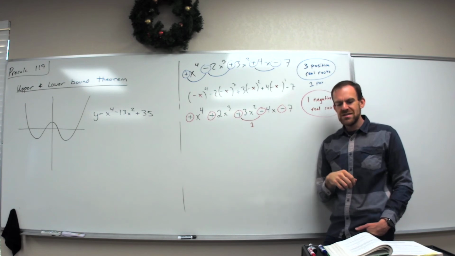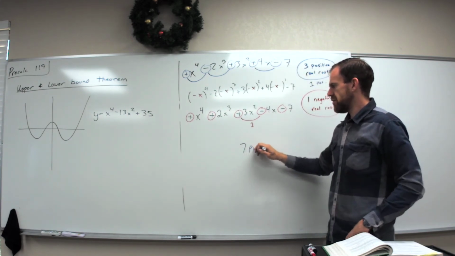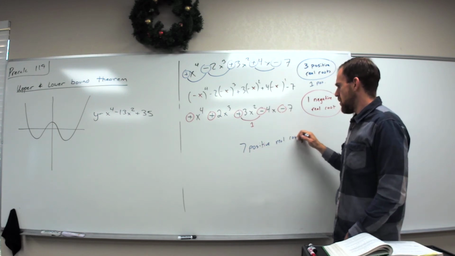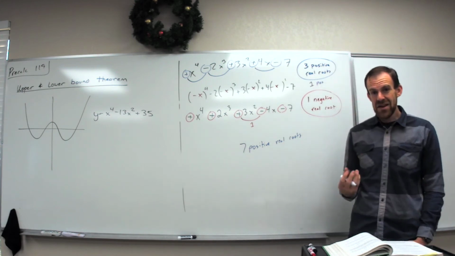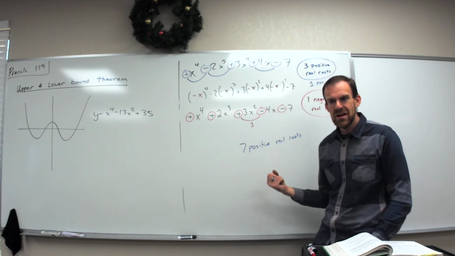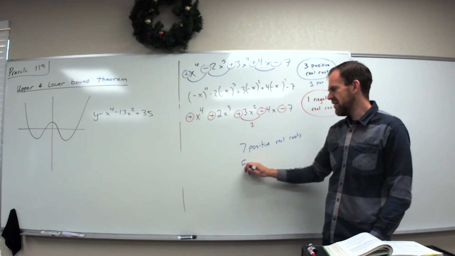And so let's say you got 7 positive real roots, and Descartes' rule of signs said you have 7. You could have 7, or if 2 of those just so happen to be imaginary, you would have 5.